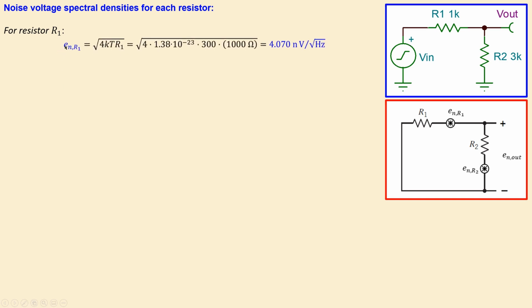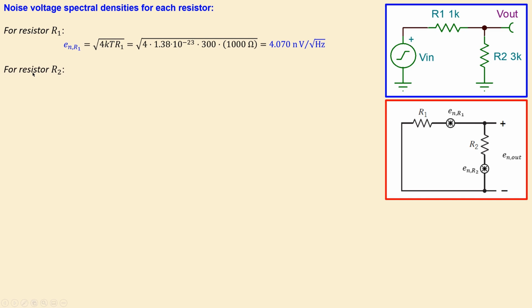The noise voltage spectral density for resistor R1 is given by this formula, and I substitute the values: 4 times the Boltzmann constant times the absolute temperature, which is room temperature at the moment, times the resistor value, which is 1000 ohms. Then you will have this value, which is 4.07 nanovolts per root hertz. So that will be your result.